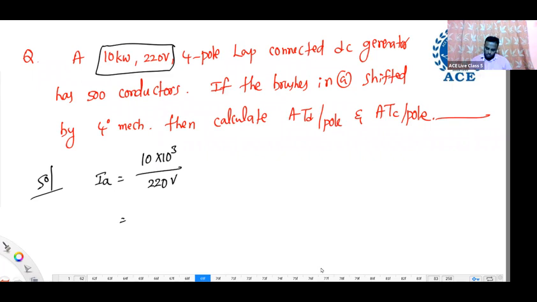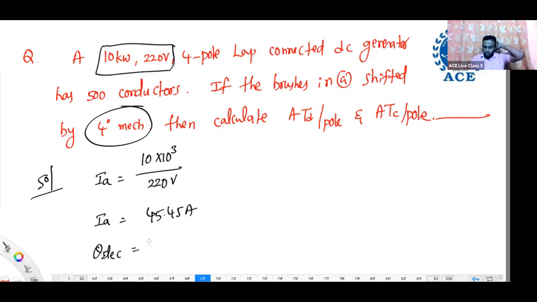Yes, it is 45.45 amperes. This is IA, the armature current. And the angle is given as mechanical, so you have to find the electrical angle. Theta electrical is P by 2 times mechanical. Poles are 4, so 4 by 2 into 4 degrees is 8 degrees. So the electrical angle is 8 degrees.